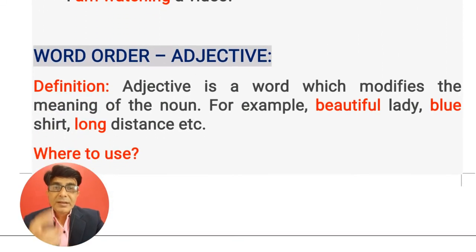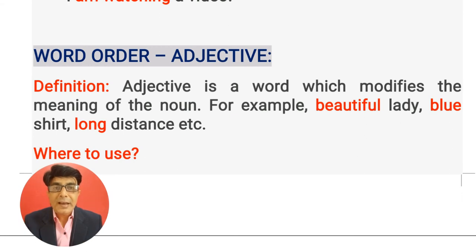Fine. The third part of speech is an adjective. What is an adjective? Adjective is a word which gives some more information about the nouns. That means the adjectives are the modifiers. They modify the meaning of the noun. When you say a lady, that means a lady.